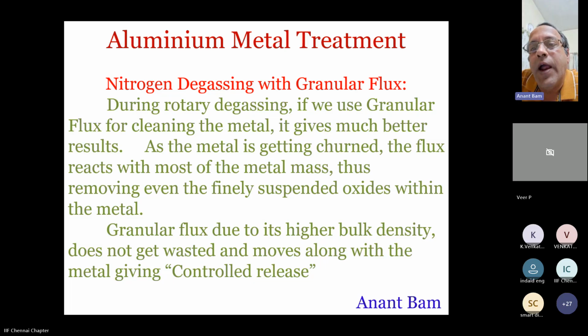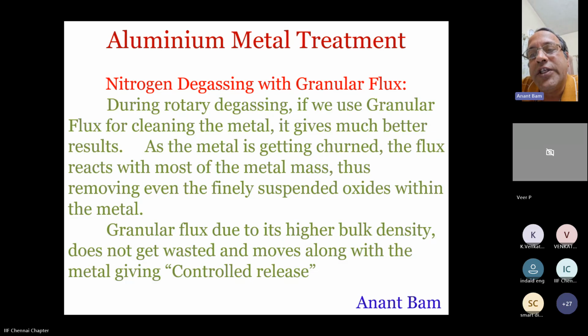Also, the advantage of this churning with flux is that more and more metal comes in contact with the flux cover. The flux gets time and chance to react with the embedded aluminum oxide, and we get a cleaner metal.